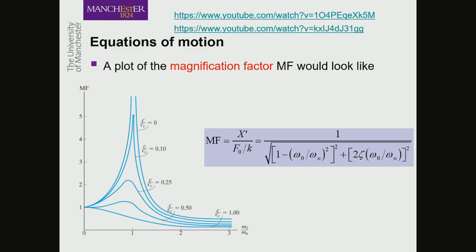So if there is no damping in the system, you can see that it goes asymptotically higher and higher, without any boundary. But with even a relatively small amount of damping, like 0.1, 10% damping, you can see that the magnification factor can be limited. It's not going much higher.